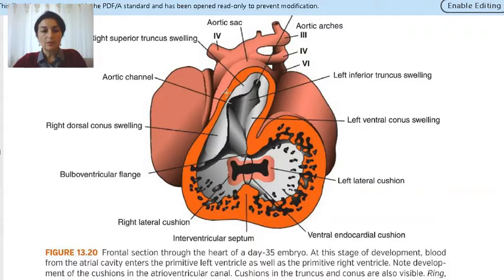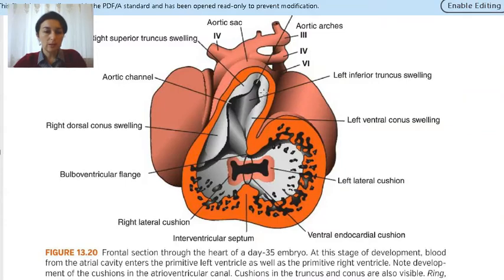Here we also can see the other cushions that are formed in the truncus arteriosus, that is the right superior truncus swelling, the left ventral conus swelling here, then we will have the right dorsal conus swelling and the left inferior truncus swelling.